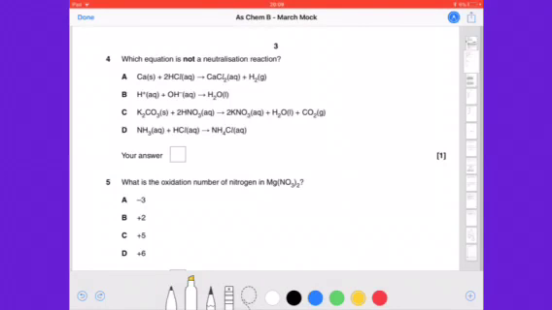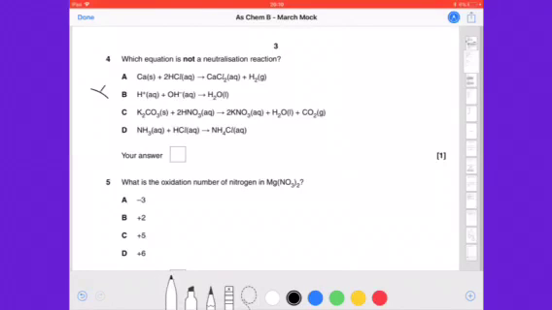Okay, in question 4, you're asked which of these reactions is not a neutralization reaction. At this point, the two neutralization reactions that you should be aware of are an acid plus an alkali and an acid plus a carbonate, both of which produce a salt at the end, or a salt and water. Now, of these three here, there are two reactions, which are acid plus alkali or acid plus carbonate.